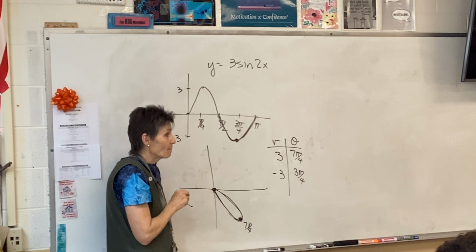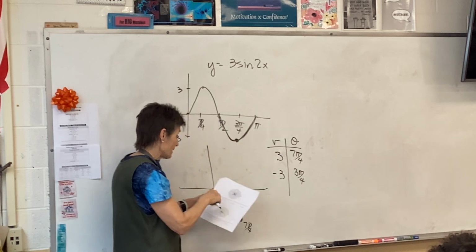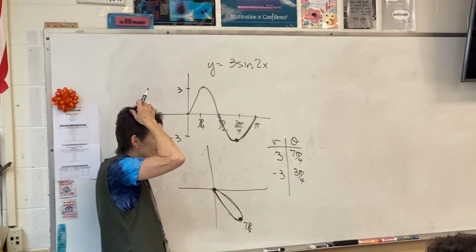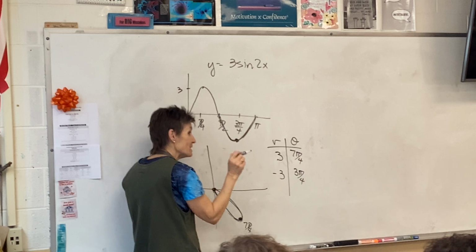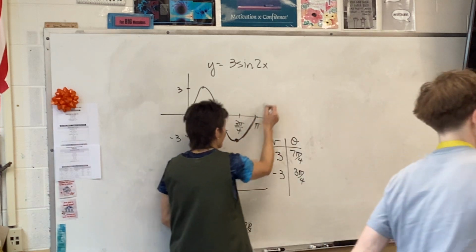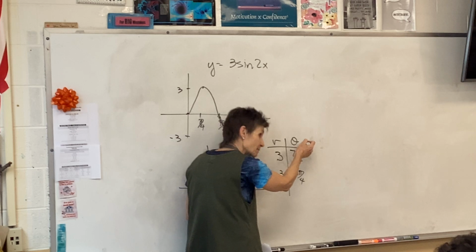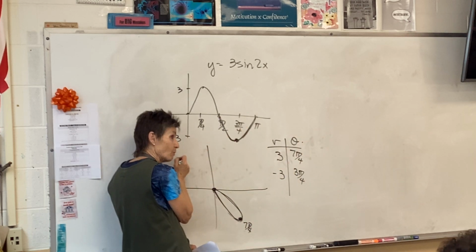Well, aren't we only going from 0 to the end of the period? Sure. That would be fine for here, but look at your problem, 0 to 2 pi, I have to go another period. And what will happen is, I'm gonna have another negative value here, and that negative value is gonna happen at 7 pi over 4, and that's gonna flip me over to 3 pi over 4.